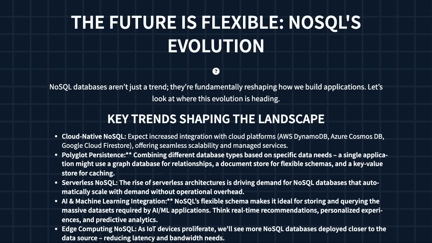Serverless architectures mean NoSQL databases will automatically scale as your application grows without you needing to manage anything. And critically, AI and machine learning are driving huge demand because NoSQL's flexible structure makes it perfect for handling the massive amounts of data these applications need.